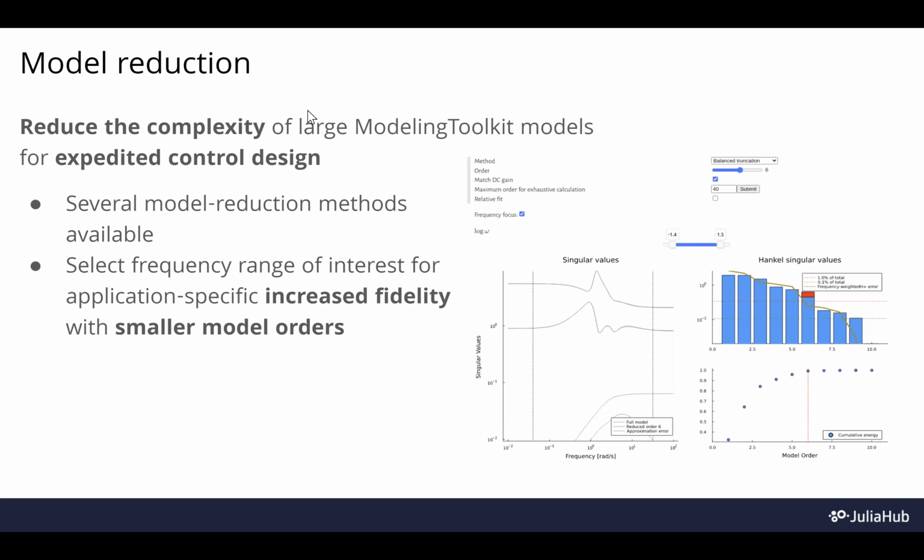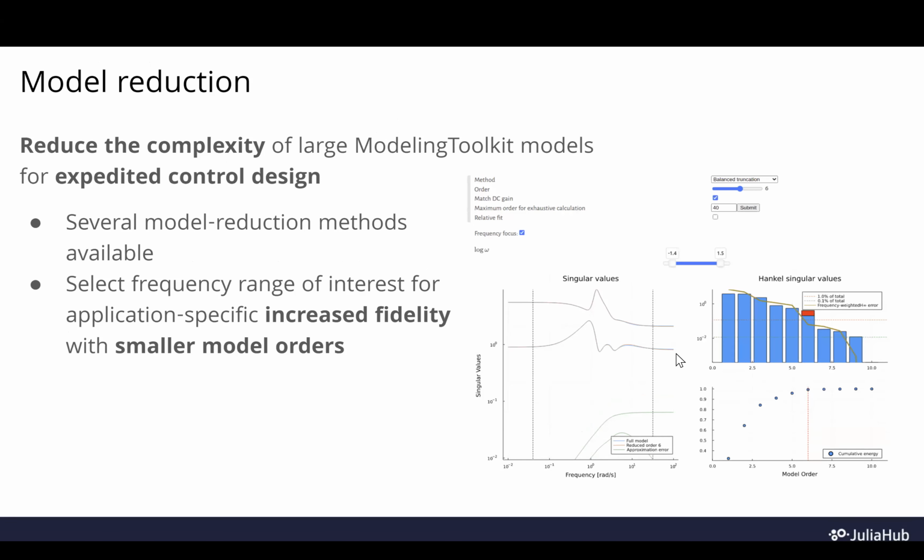As I said earlier, we also have a model reduction app as well. So, for example, if you look at this particular app, we're doing balanced truncation, and we're choosing the order, right? We're computing the singular values, and we're trying to look at how we choose the cutoff point for the order of the model, right? And that's something that you can do interactively via this app.